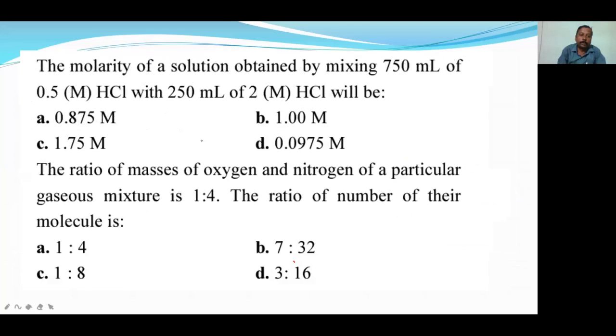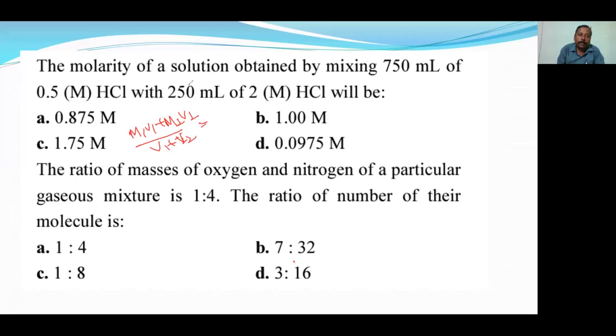Okay, the next question is displayed. Start answering. Molarity of the solution obtained by... This is a tricky question, so don't get a misconception. Here, the molarity of HCl obtained by mixing 750 ml of... So simply what we will do is (M1V1 plus M2V2) divided by (V1 plus V2).